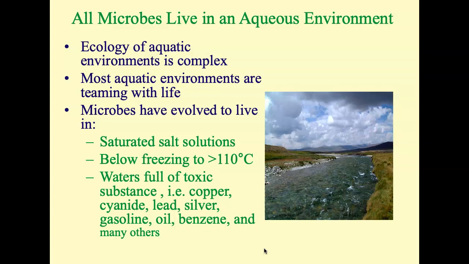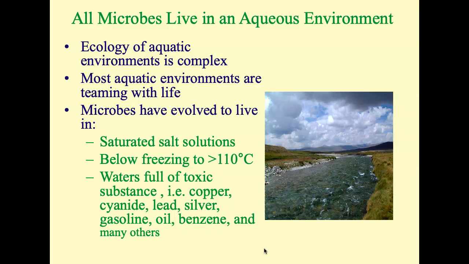Microorganisms are organisms that are too small to be seen clearly with the naked eye. And so when you talk about water microbiology, we are basically talking about microorganisms that live in water. All microbes live in an aqueous environment. Most aquatic environments are teeming with life.